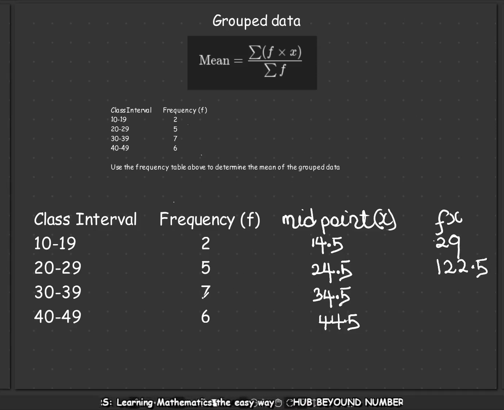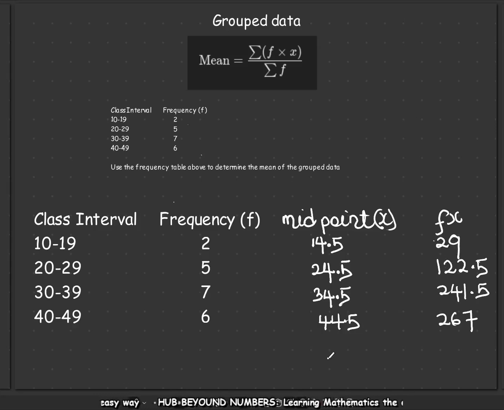Then we work 7 times 34.5. That also gives us 241.5. And then finally, we have 44.5 times 6. That gives us a 267. Now we have all our x's and then all our fx.